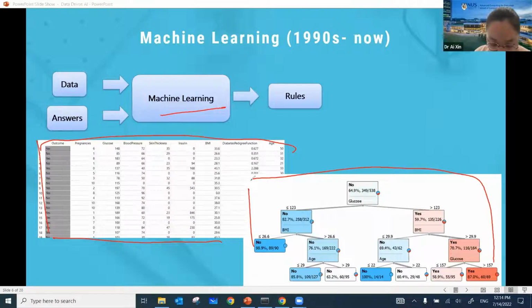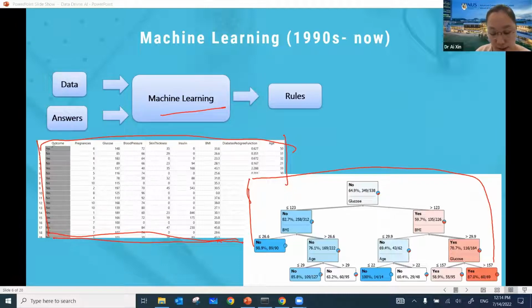Another thing is that this machine learning approach can be generalized very easily. If you want to build a machine learning model to diagnose heart disease, you just collect another data set with all the indicators for heart disease and the labels, whether the patient has heart disease or not.